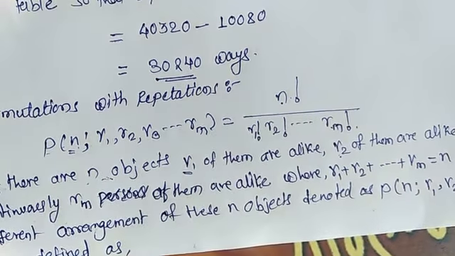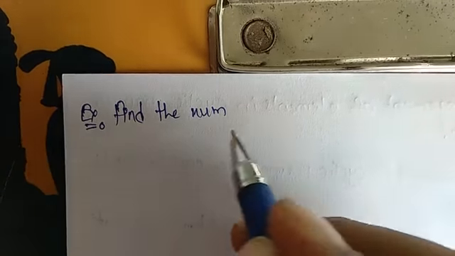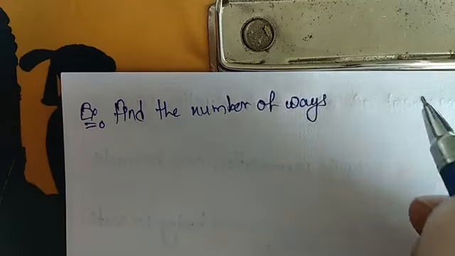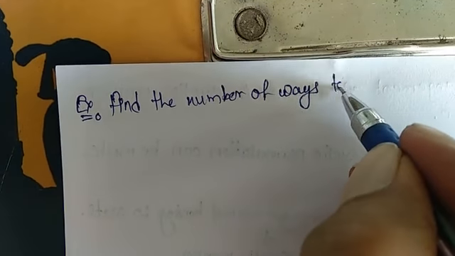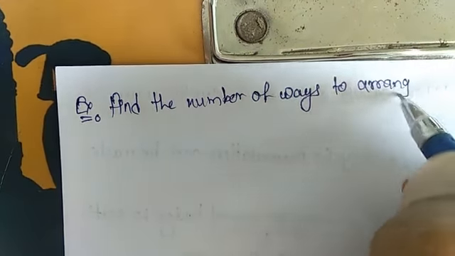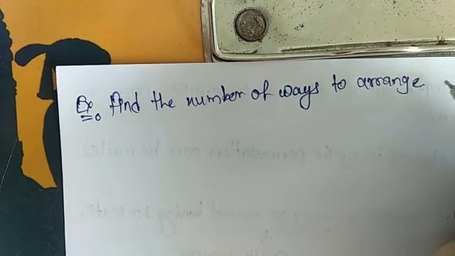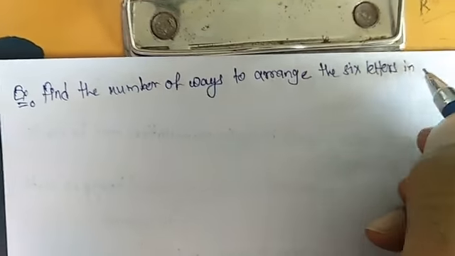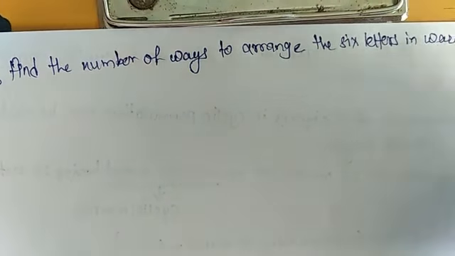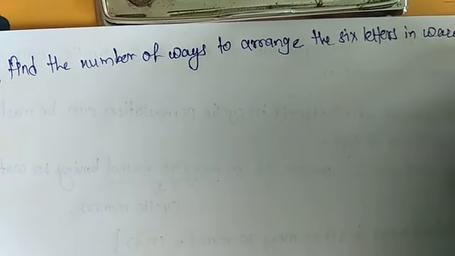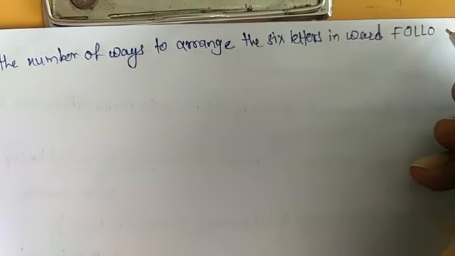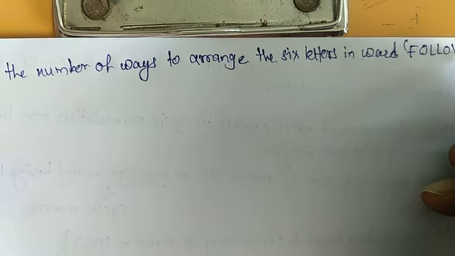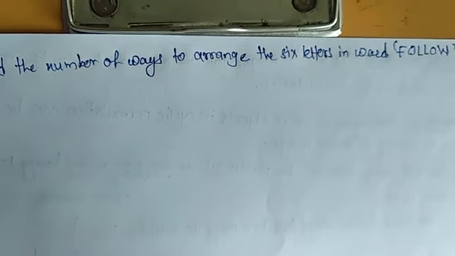For example, find the number of ways to arrange the 6 letters in the word FOLLOW. 1, 2, 3, 4, 5, 6. There are 6 letters in the given word.